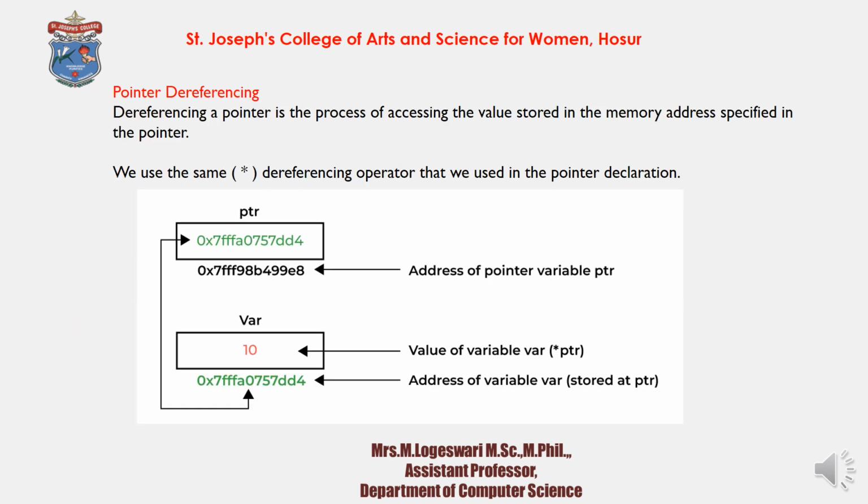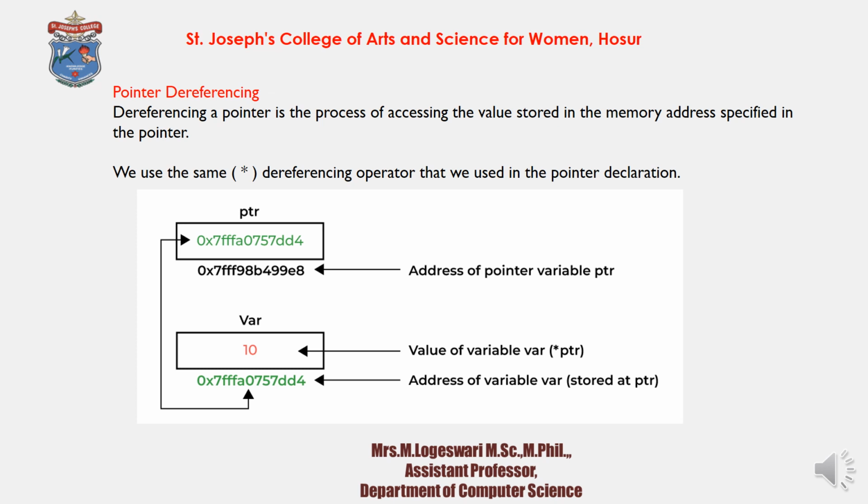Next, pointer dereferencing. Dereferencing is the process of accessing the value stored in the memory address specified in the pointer. We use the same dereferencing operator that we used in pointer declaration.